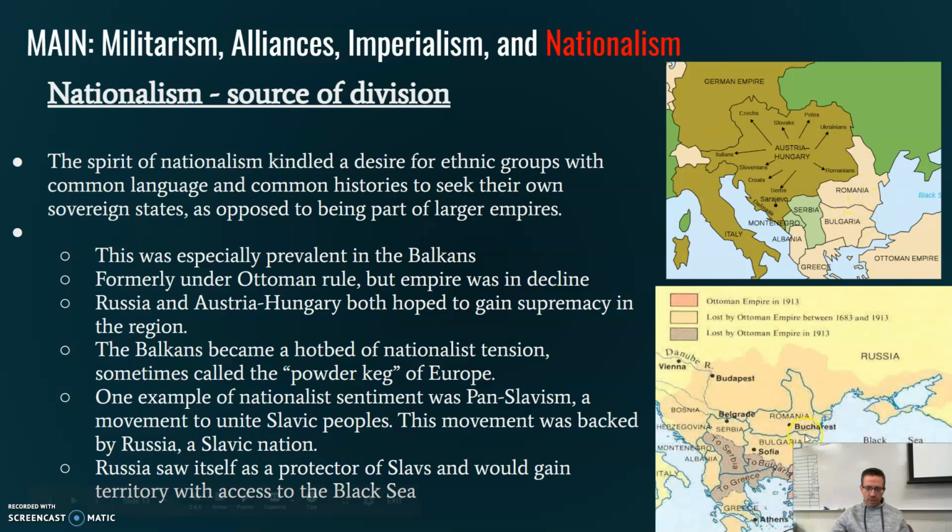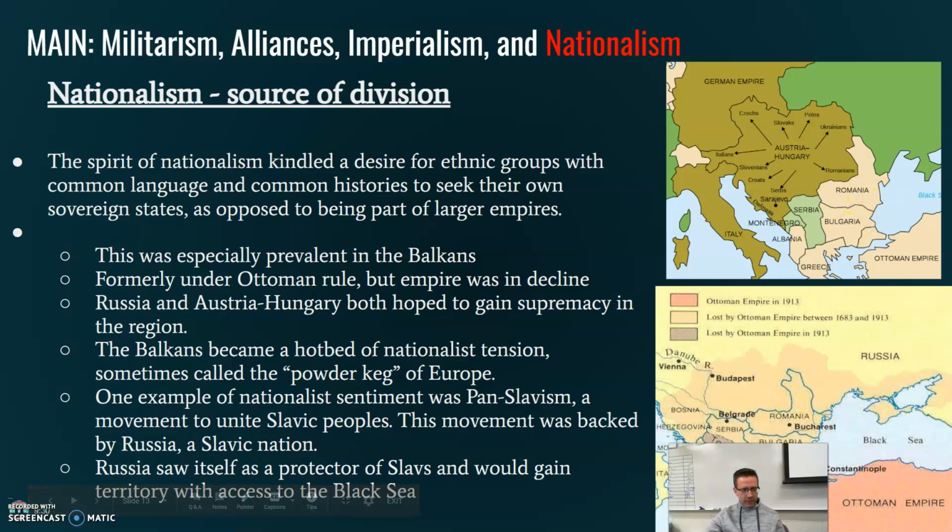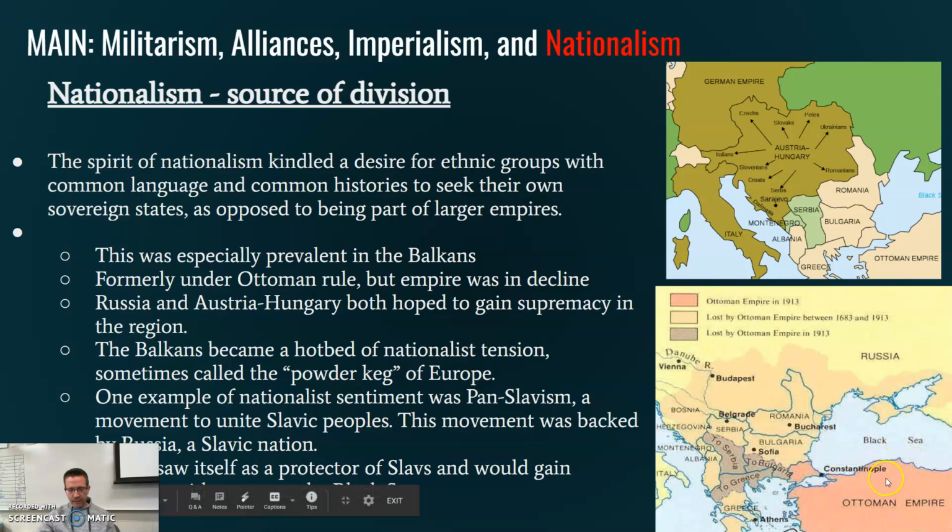So this Ottoman Empire over here was retreating over time, and by 1913 it was completely out of the Balkans, just about. And what happened is these countries started getting independence, but Russia and Austria-Hungary both hoped to gain supremacy in this region.